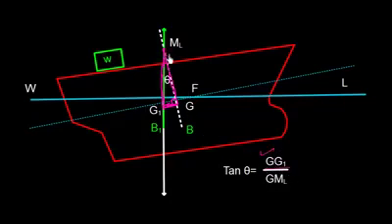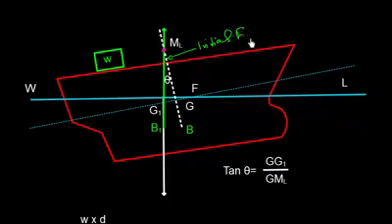GG1 divided by GML, and this ML is nothing but longitudinal metacenter. Well, this ML is nothing but the intersection of initial line of buoyancy. This is initial force of buoyancy, and this is after shifting B to B1.